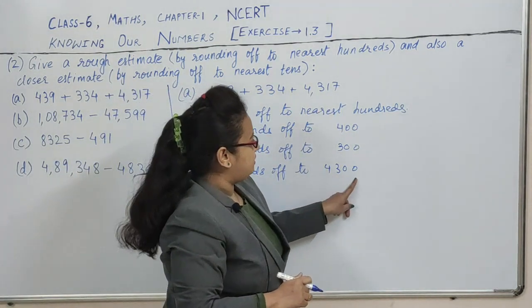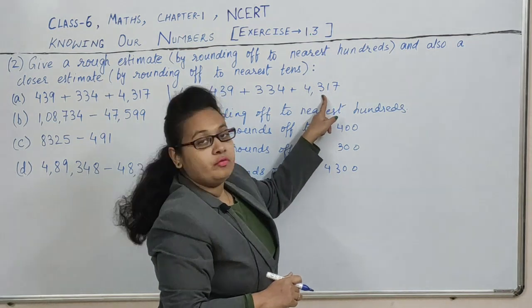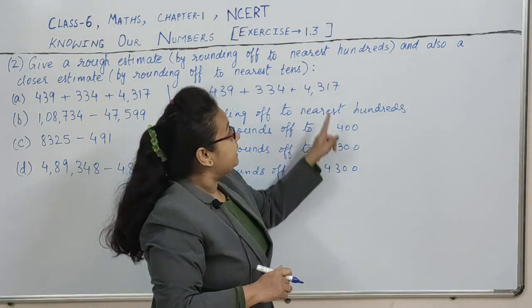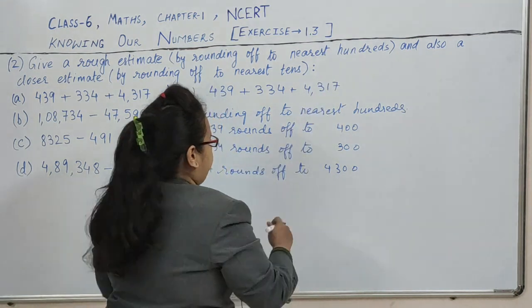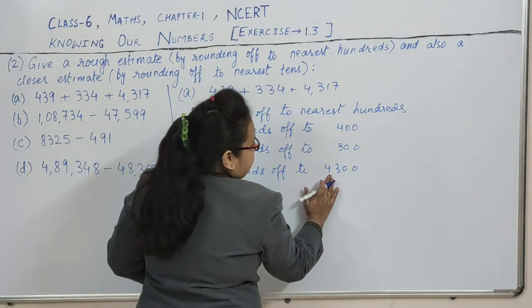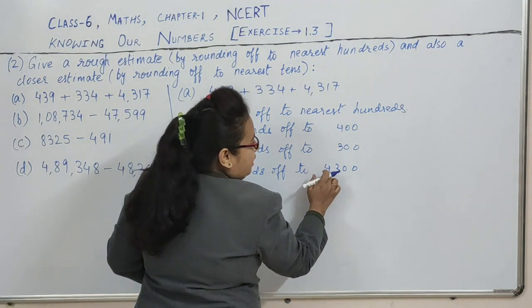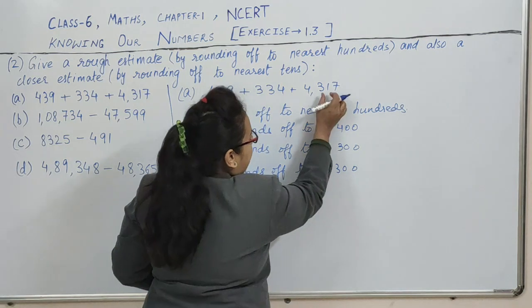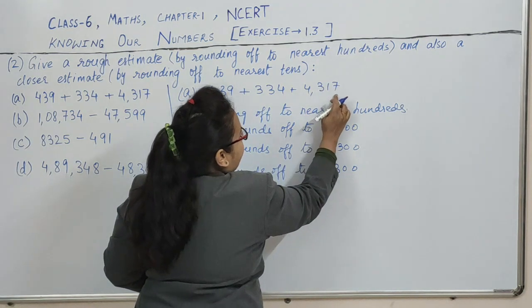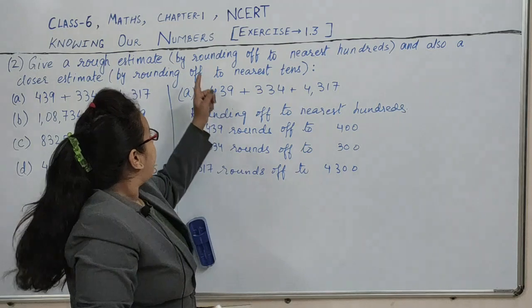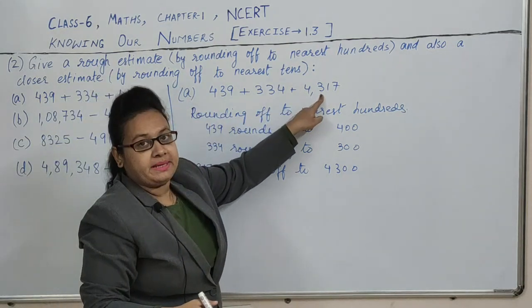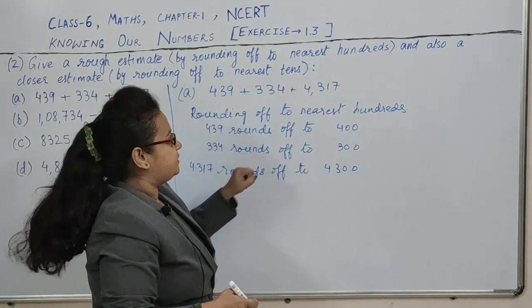So this number will be rounded off to 4300 to the nearest hundreds. We will not do anything with this 4 because we have to deal only up to the hundreds place.